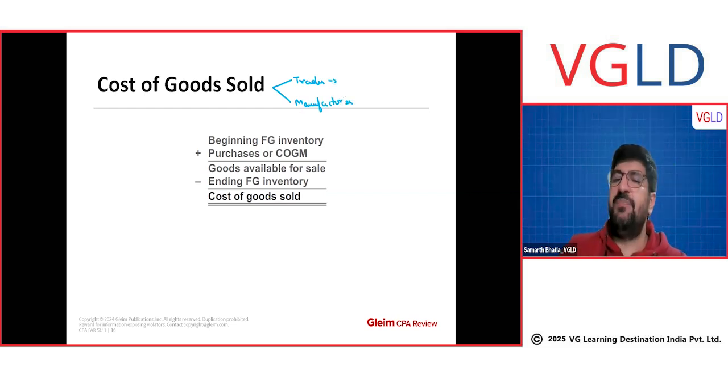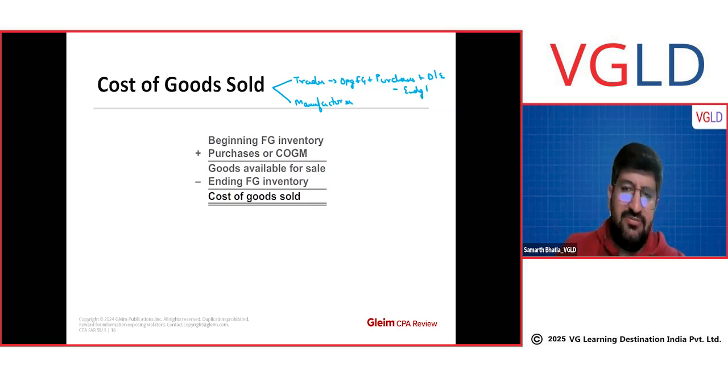From the trader's point of view, they only have a single type of inventory, which is the finished goods. So they'll start with the opening finished goods, add the purchases, add the direct expenses, and subtract the ending finished goods value, and they get the cost of goods sold.